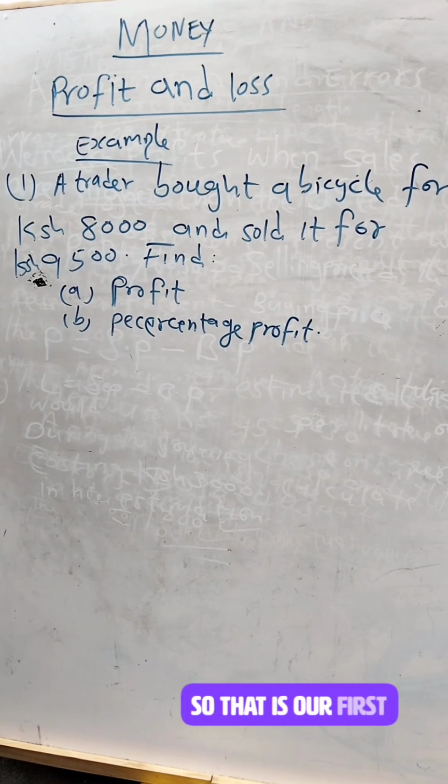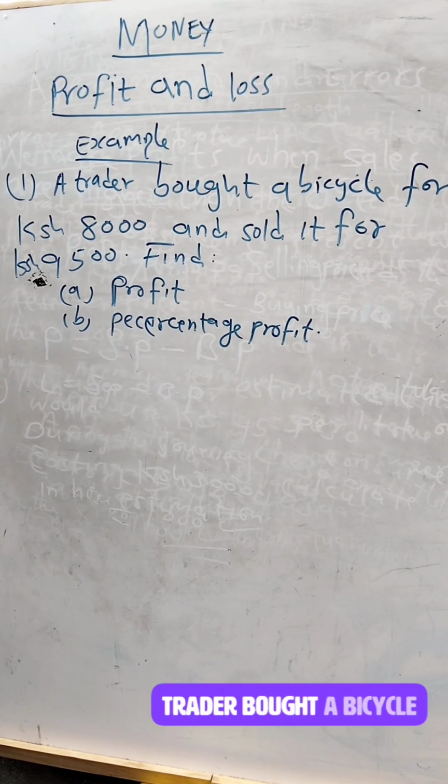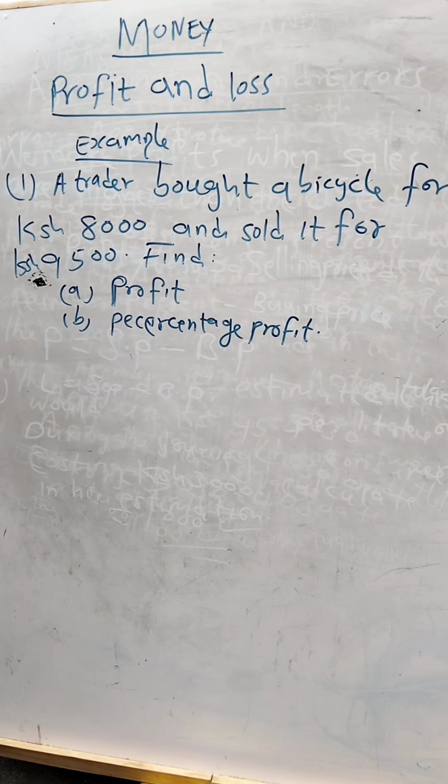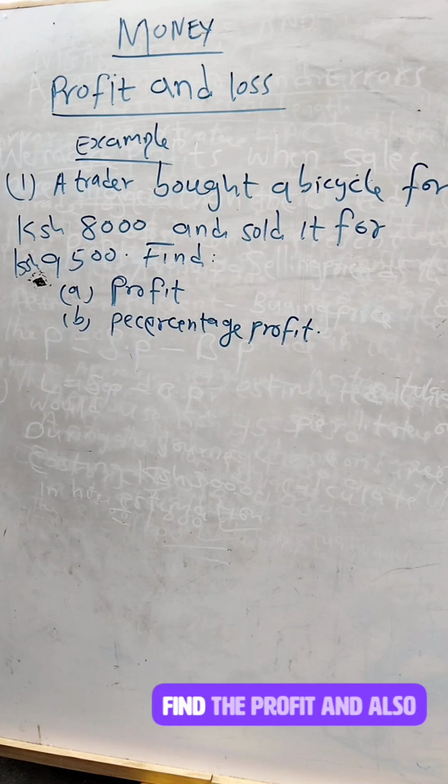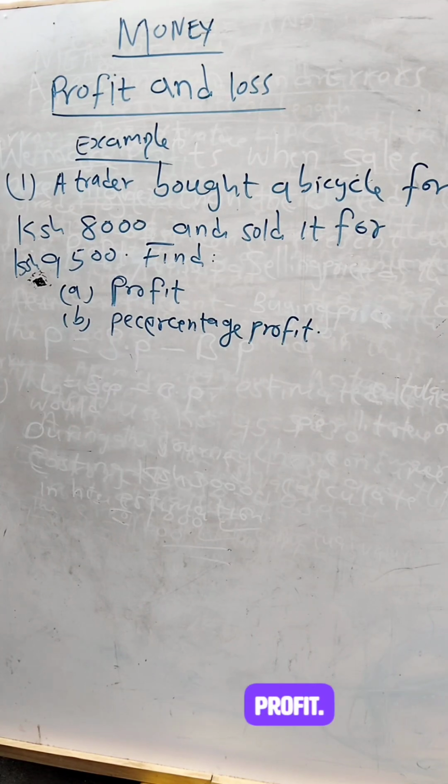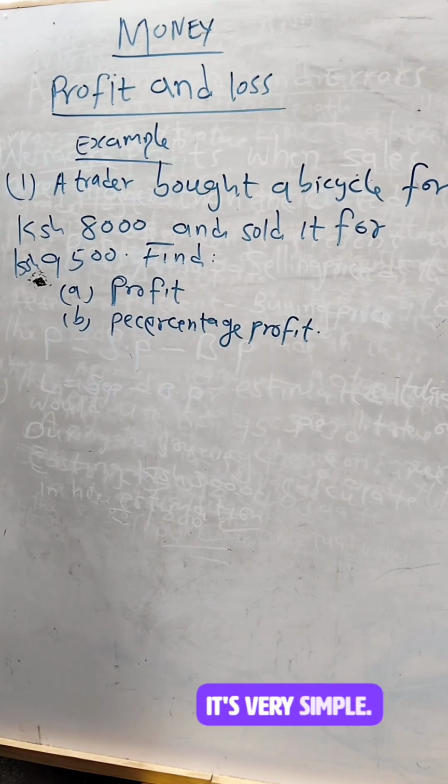So that is our first example. The question states a trader bought a bicycle for 80,000 Kenya shillings and sold it for 9,500. Find the profit and also find the percentage profit. This is how we do it. It is very simple.